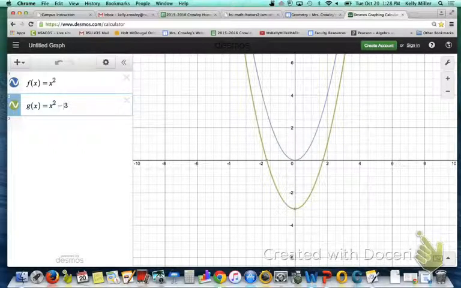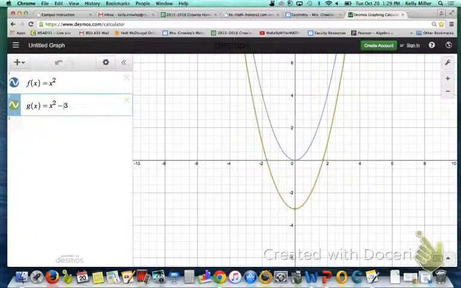So if k is greater than 0, it's going to translate up k units. If k is negative, so less than 0, it's going to translate down k units.